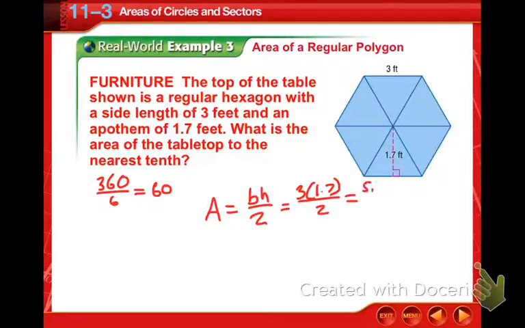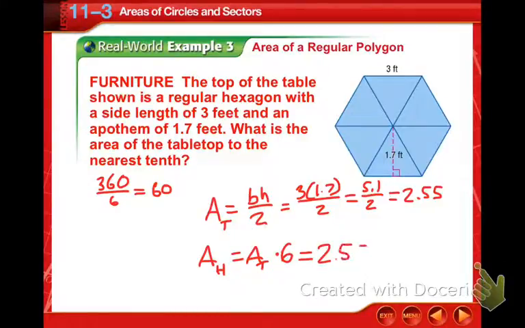That comes out to be 5.1 divided by 2, and that is equal to 2.55. This is for the triangle, so the area for the hexagon is equal to the area of a triangle times 6. So 2.55 times 6 comes out to be 15.3 square feet.